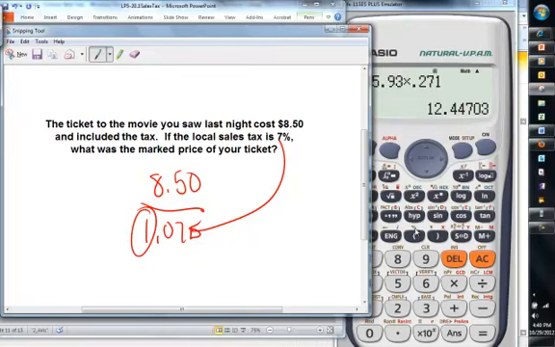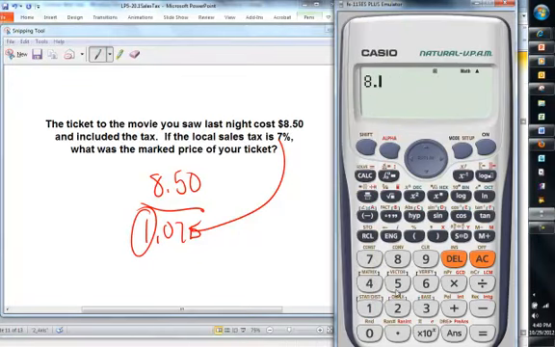So 8.50 divided by 1.07, and you get $7.94 was the purchase price before you added the tax.